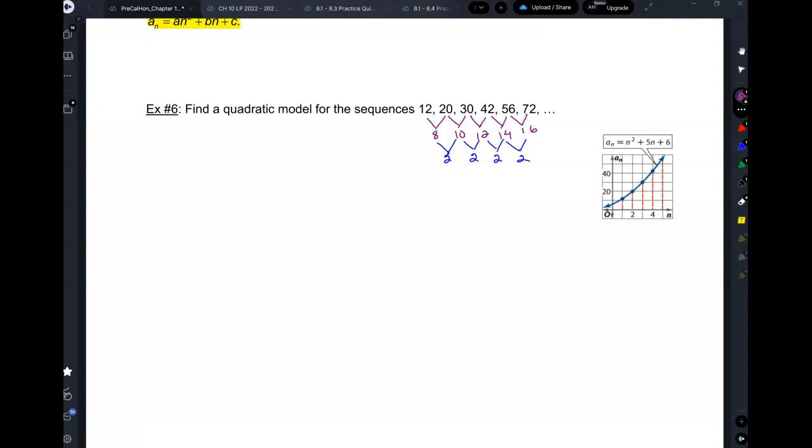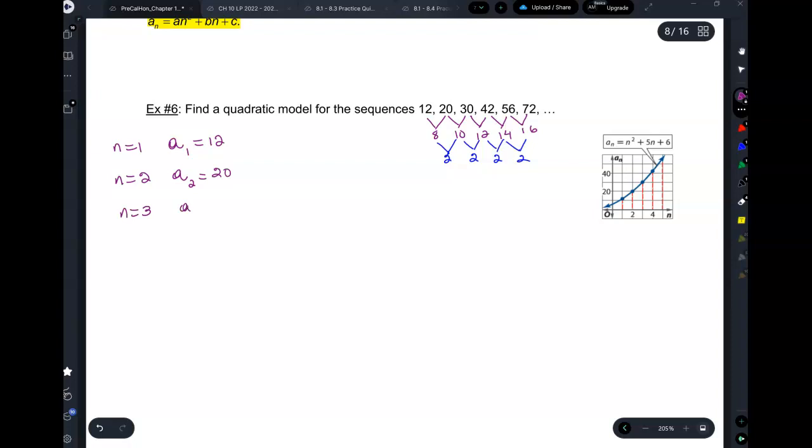Take a look here. When n is 1, what's a sub 1 in that sequence? 12. When n is 2, what's a sub 2? 20.